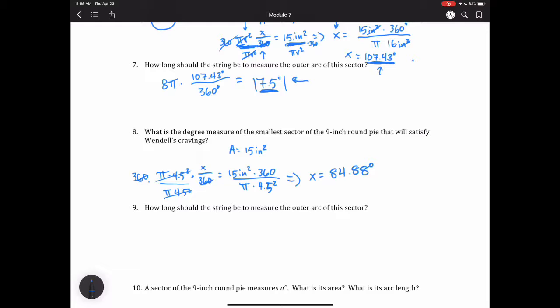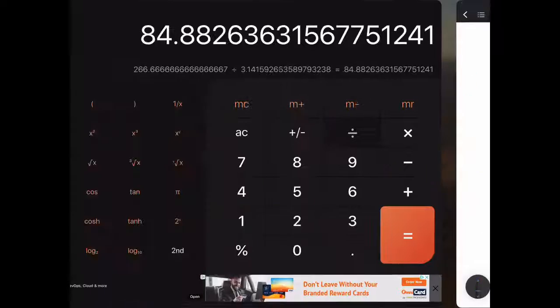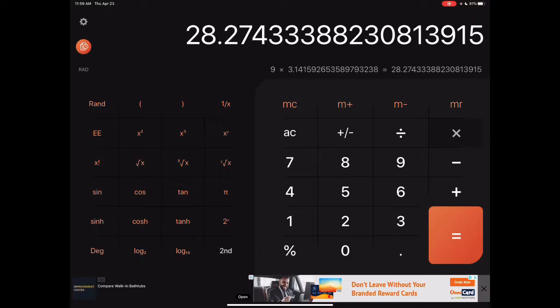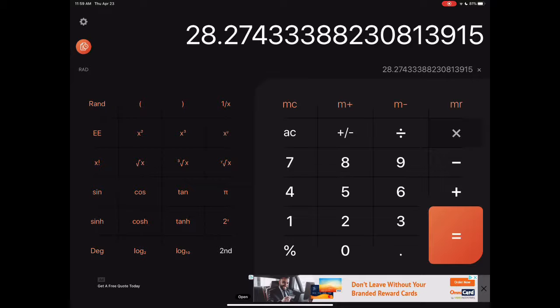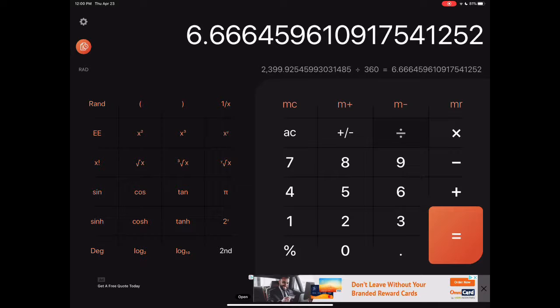But how long should the string be to measure the arc of this sector? Well, let's take the circumference and multiply it by this fraction of the circle that we're working with. So the circumference is 9 times pi times the fraction of the circle we're working with. So we've got 9 times pi times 84.88 and divided by 360 because that's the fraction of the circle we're working with.